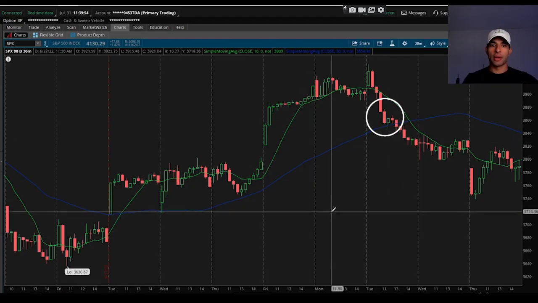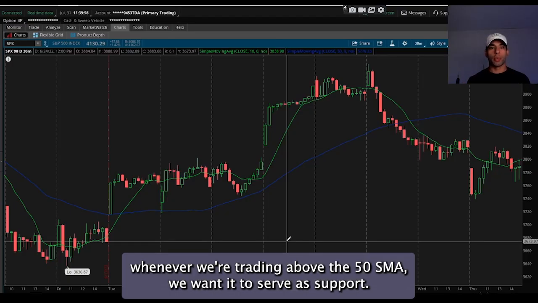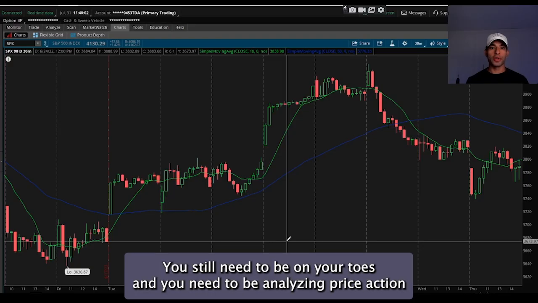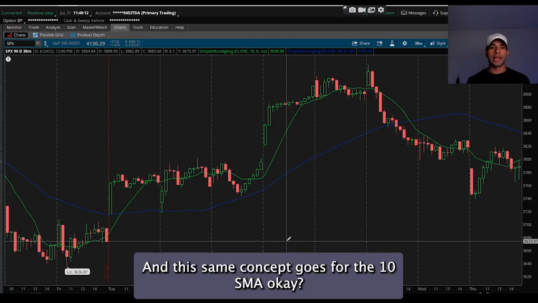We broke down. So just because the theory or the thought process is whenever we're trading above the 50 SMA, we want it to serve as support, you still need to be on your toes and you need to be analyzing price action and understanding that the more often a level of support and resistance is tested, the weaker it can become. Now, this same concept goes for the 10 SMA, okay?